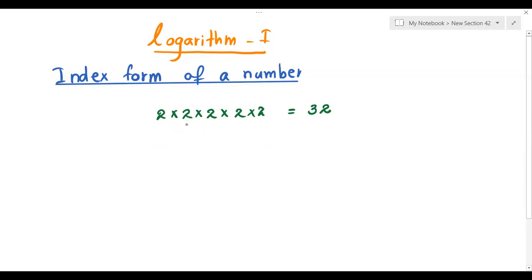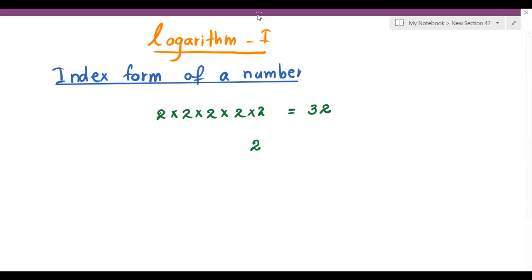Look here, the number that I have multiplied repeatedly is 2, so I write it. And there is another hidden number here. It is the number of times that I multiply 2 repeatedly.